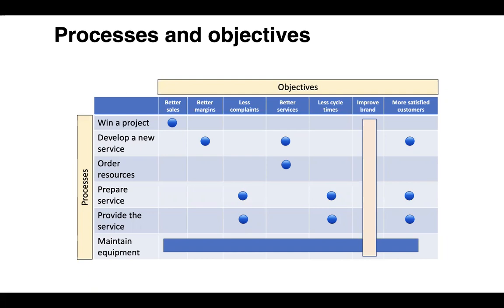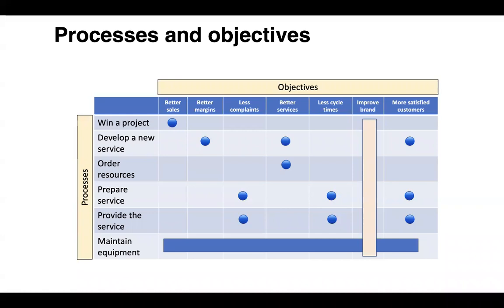So that's why some processes are critical and others are not. If the processes that we use are relevant to meet our main objectives or more relevant objectives, those processes are critical. So for example, if we choose objectives that are aligned with our strategy, then the processes that contribute to meeting those objectives should be considered critical processes.